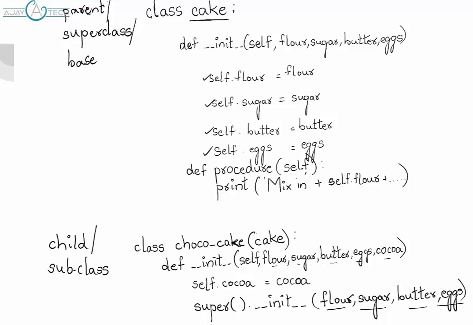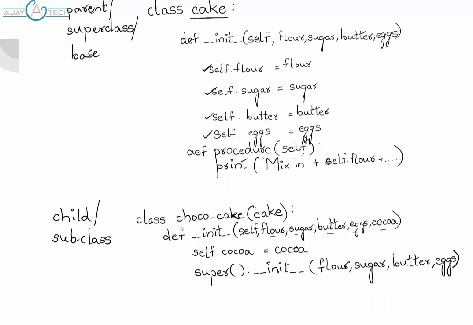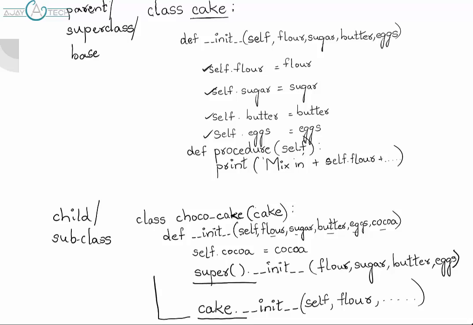In our example, the super function is a built-in function which returns a proxy object that allows us to refer to the parent class by super. So instead of calling the init method using the class name, we call the init method using the built-in function super, so that we can easily change the parent class name when required.